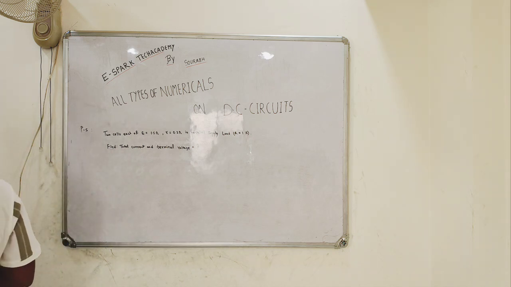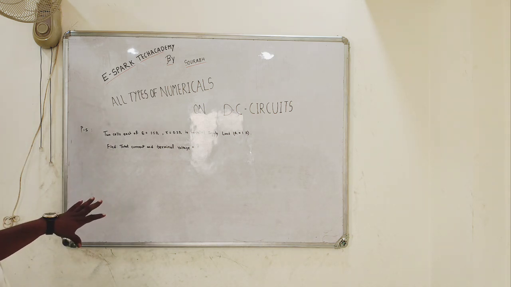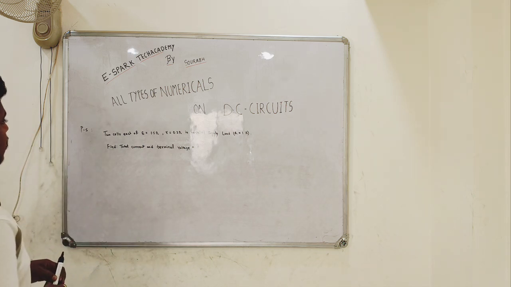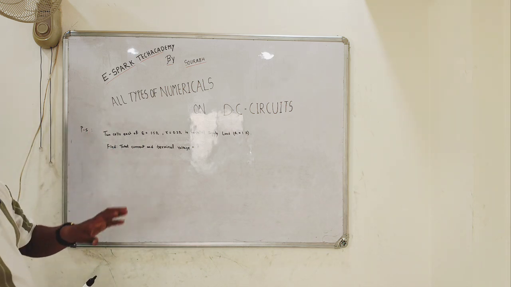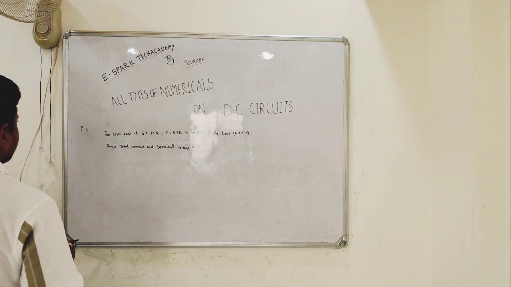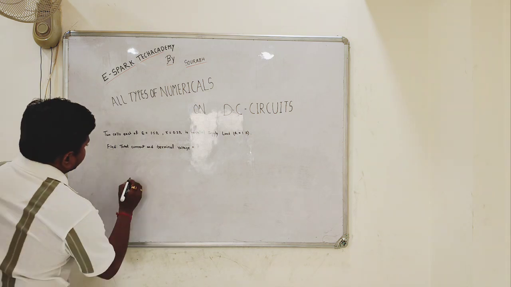Now, first of all, we have to assume some things in this problem. Assumption and approach is very important in this problem, because two cells are nothing but two batteries which are connected in parallel. Now we will draw a simple circuit diagram where I will show you what actually it is.